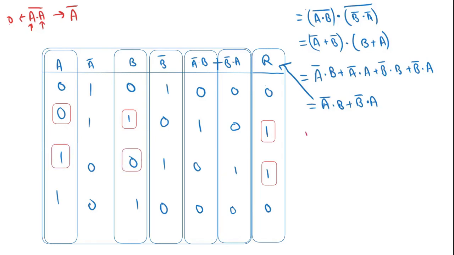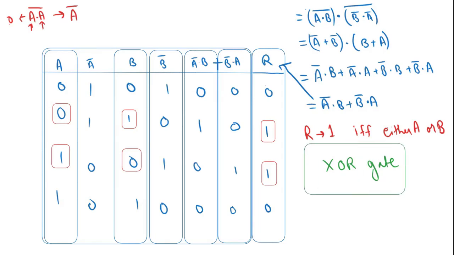What's happening here is that the result is true if and only if only one of the inputs is true. That is, either A is true or B is true but not both. This is a characteristic of the XOR gate, or the exclusive OR gate, and that is our answer.